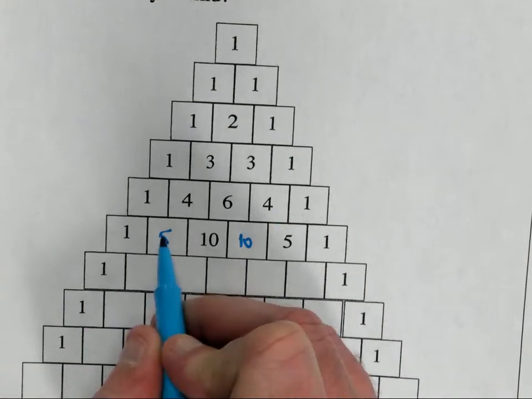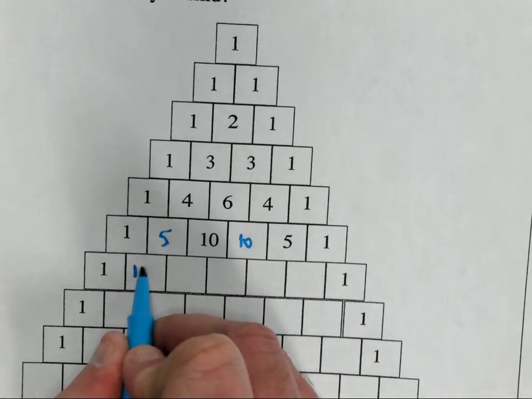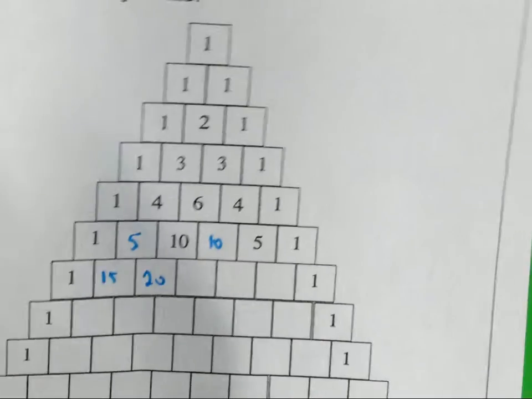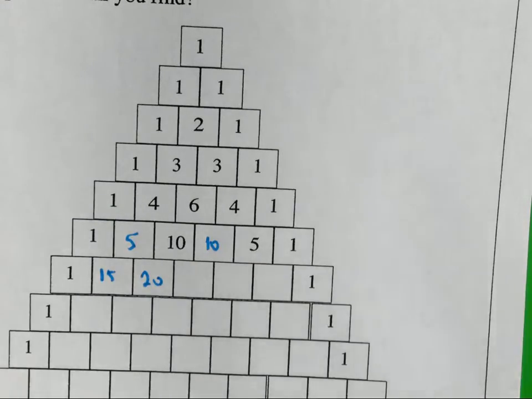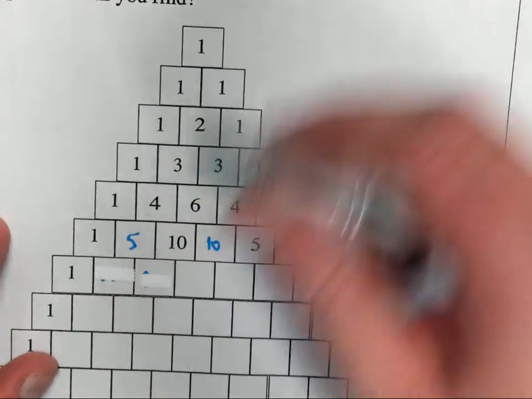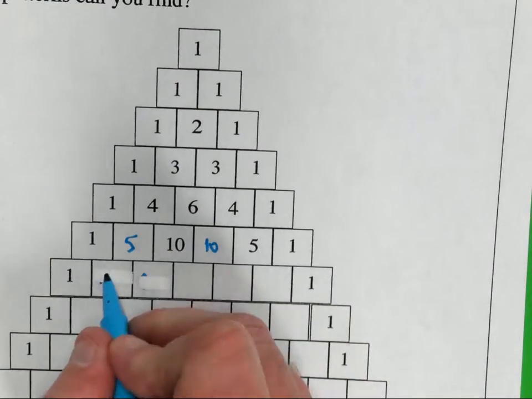Put a 1 down. Oh, I got off. What's 1 plus 5? 6.